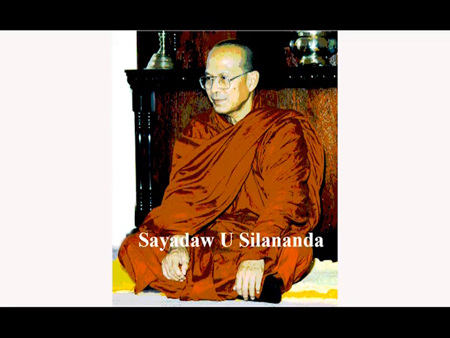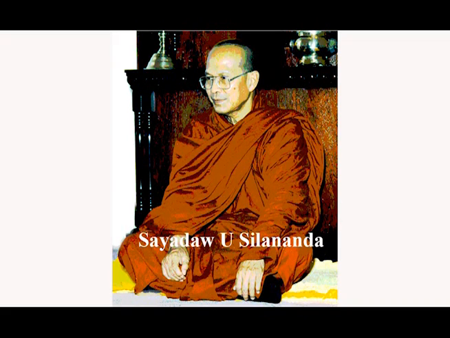Question. Yes, I couldn't wait. When you say that in the form sphere consciousness we have 5, from the first jhana to the fifth jhana, and we have 4 in the formless sphere, what's the difference between the two?